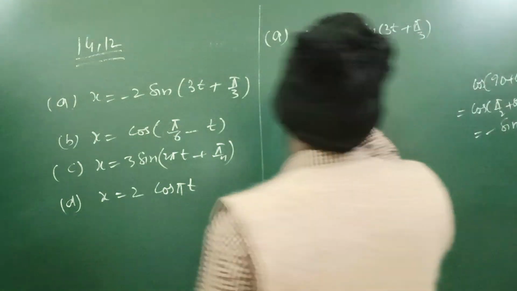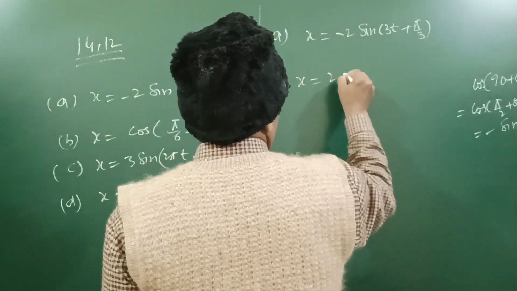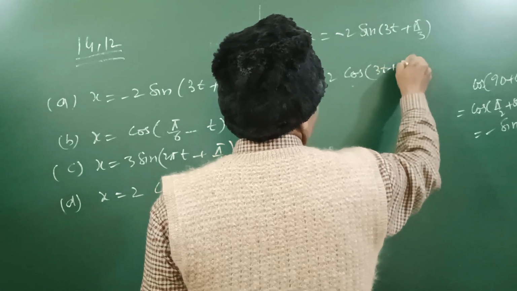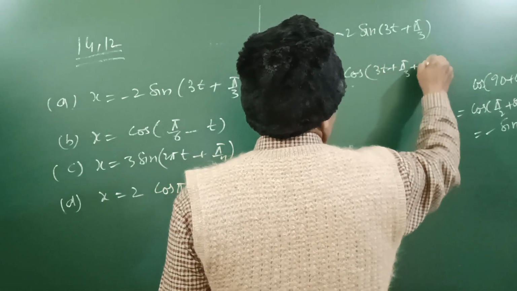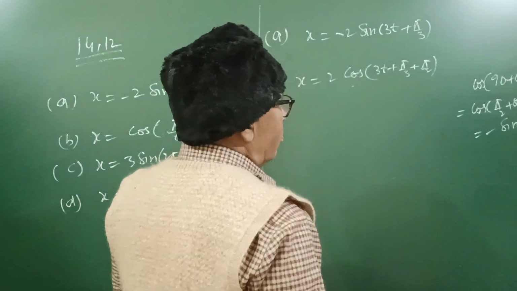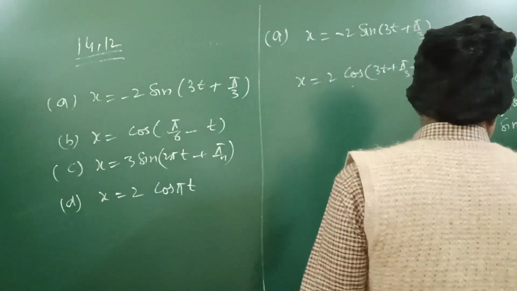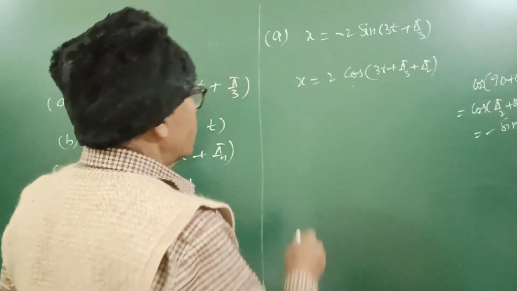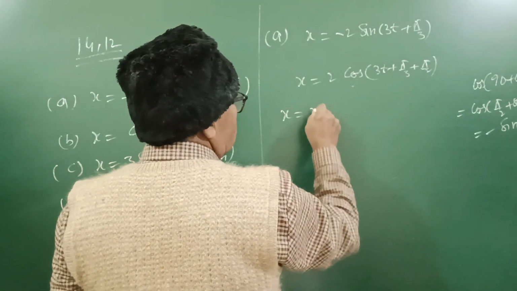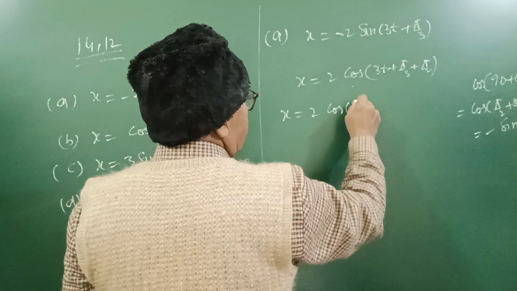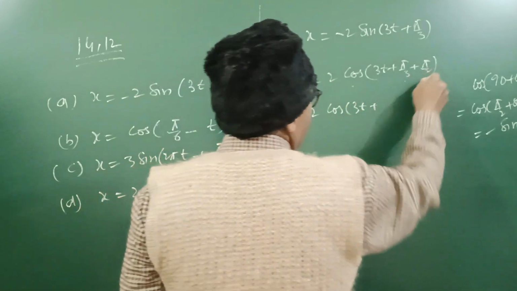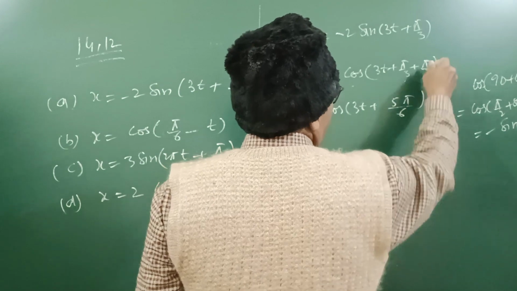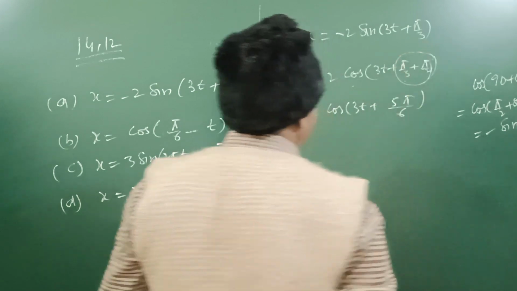So I can write this as x equal to 2 cos 3t plus pi by 3 plus pi by 2. Whether you write theta plus pi by 2 or pi by 2 plus theta, the same thing. So it comes out to be x equal to 2 cos 3t plus, if we add these, 5 pi by 6. Addition of these two gives that.